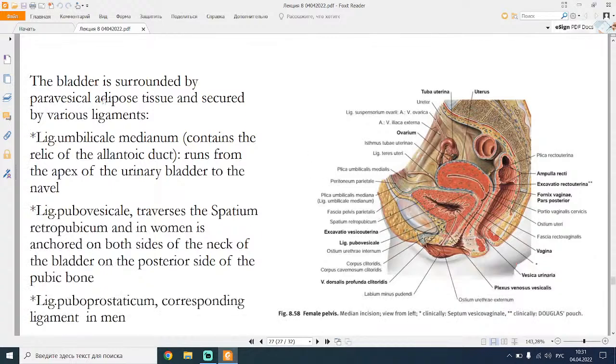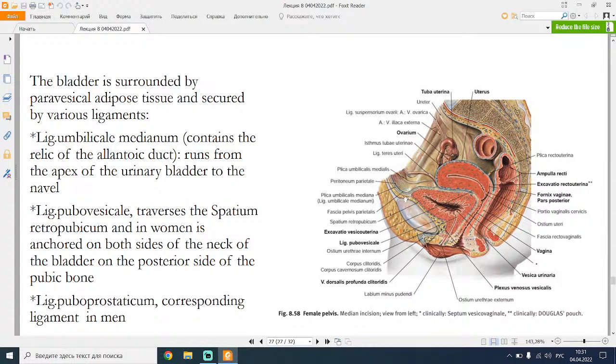The bladder is surrounded by paravesical adipose tissue and secured by various ligaments. Ligamentum umbilicale medianum contains the relic of the allantois duct, runs from the apex of the urinary bladder to the navel.